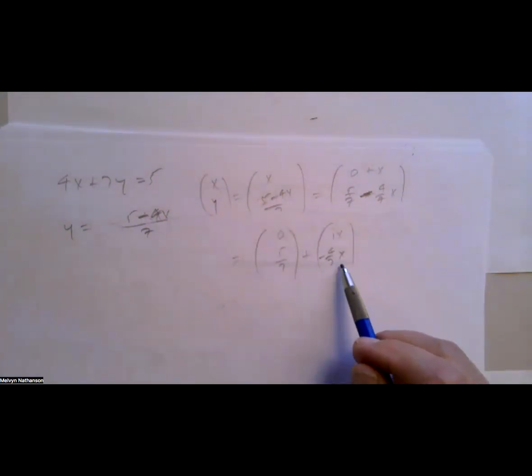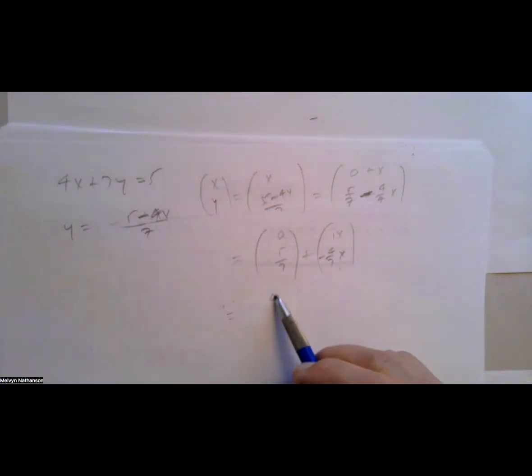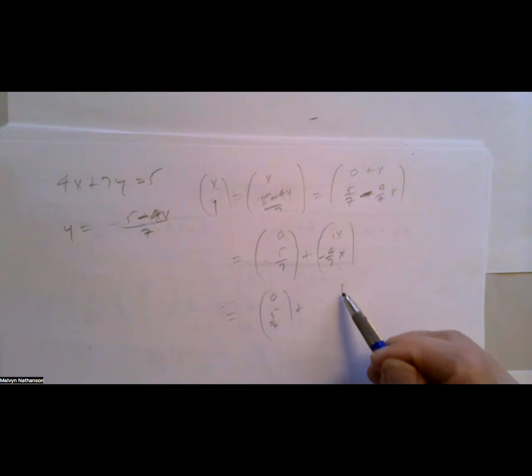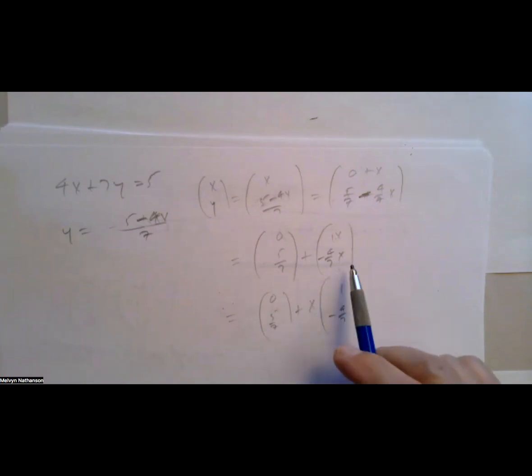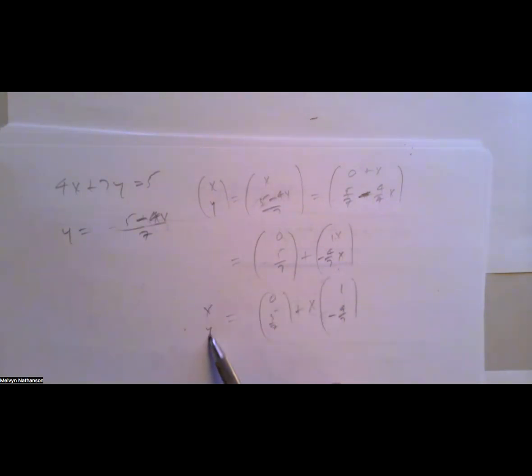So I can think of this as the scalar multiplication. So this is my 0, 5/7. Plus, if I take the vector 1 and minus 4 over 7, and I scalar multiply that by x, this is what I get. So my solution vector x, y is of this form. It's this vector plus any scalar multiple of this vector. So the solution space is all vectors that can be written in this form.